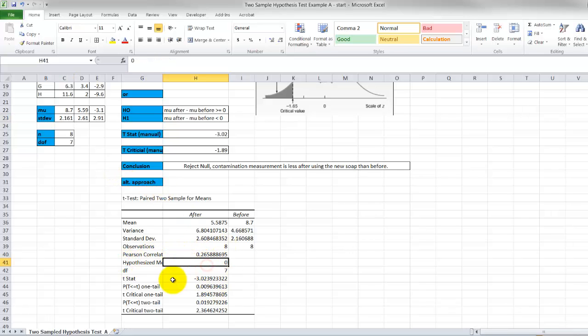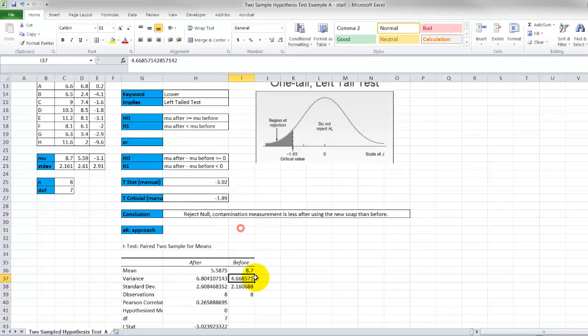The hypothesized mean difference, we entered that as a 0. The degrees of freedom is 7. The test statistic is exactly what we manually calculated up here, negative 3.02, and it actually calculates the p-value for us, which is great, and it provides the results of both a one-tailed and a two-tailed test.